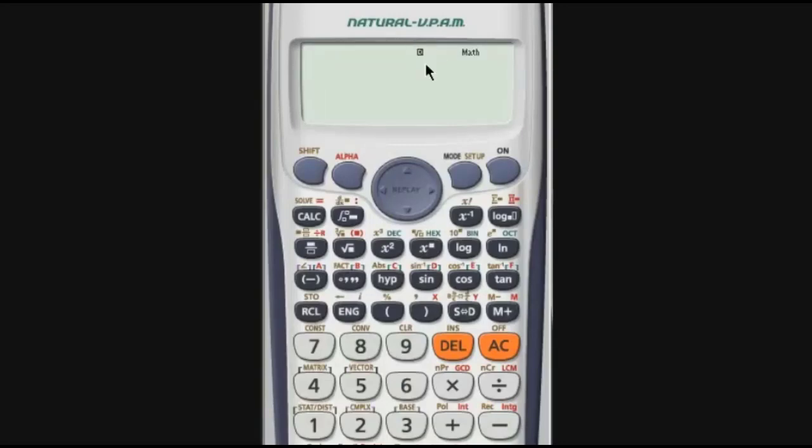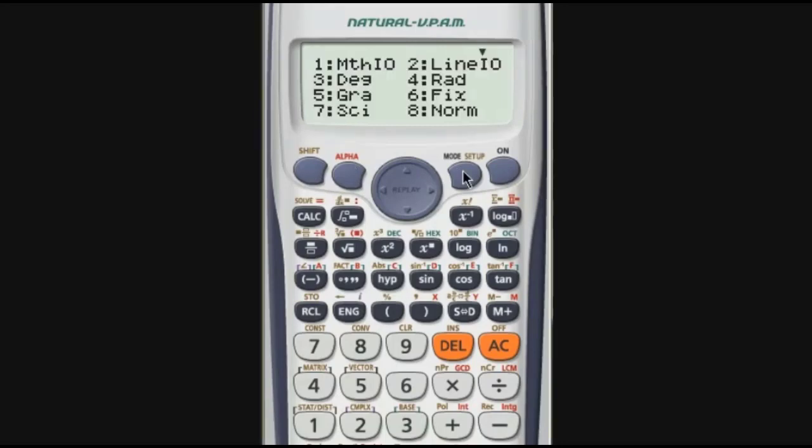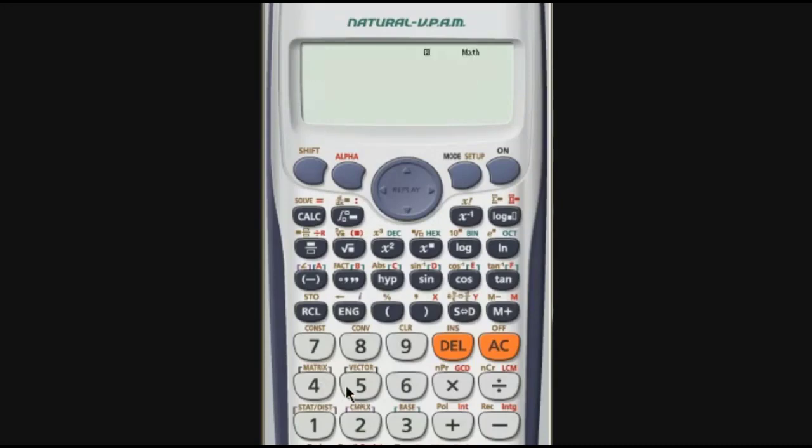Okey, D, R ataupun G. So D adalah degree. So sekarang kita nak tukar kepada mode radian. So kita akan tekan shift and mode. Okay, shift, mode. Kita akan nampak red dekat 4 ni. So kamu akan tekan 4.